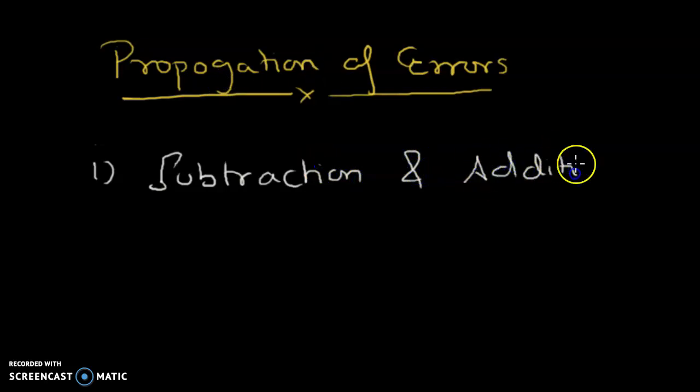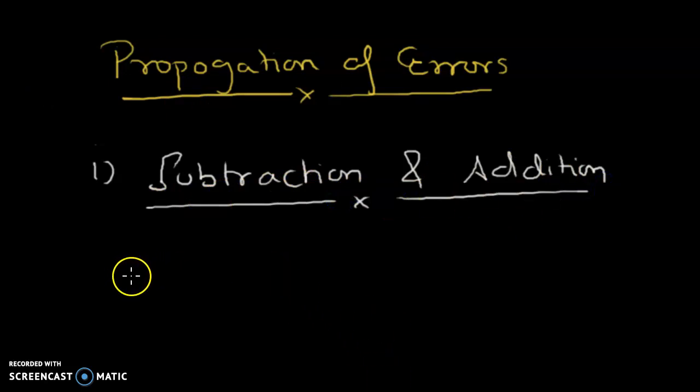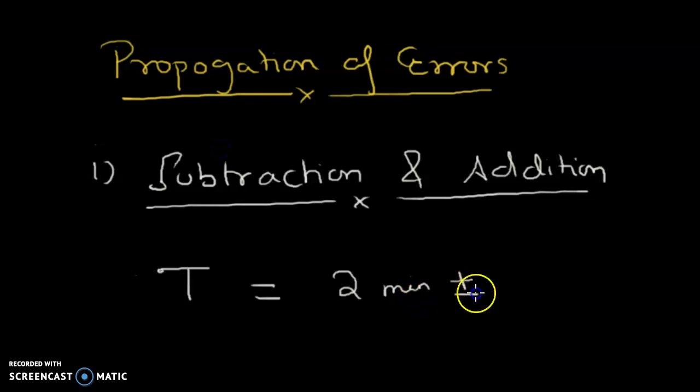Now I'll show you how we write a reading in physics. If I say the time period of a pendulum, I did an experiment and the time period comes like this way, 2 minutes plus minus 0.04 minute.